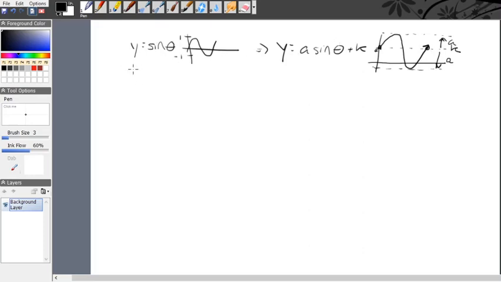But what I want to talk about today is H and B, the frequency. So let's very quickly start with H. I got y equals 3 sine theta minus 2. This was the equation that we graphed for the first video.